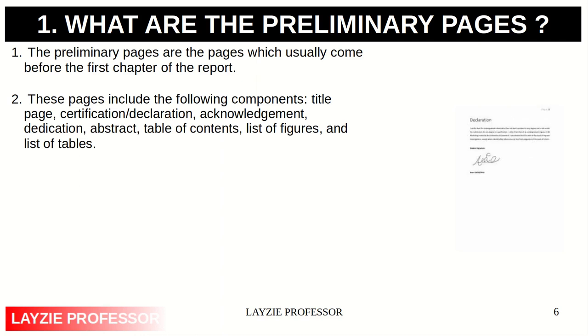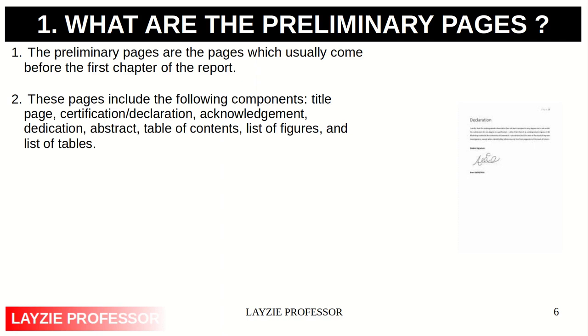The certification page, for instance, is going to have your name and your supervisors' names, and you would have to sign against your name. There also has to be a declaration that indicates that you did the research on your own, that it's not copied work, and that whatever information you took from somewhere, or which inspired your thinking in writing the report, you have duly referenced.